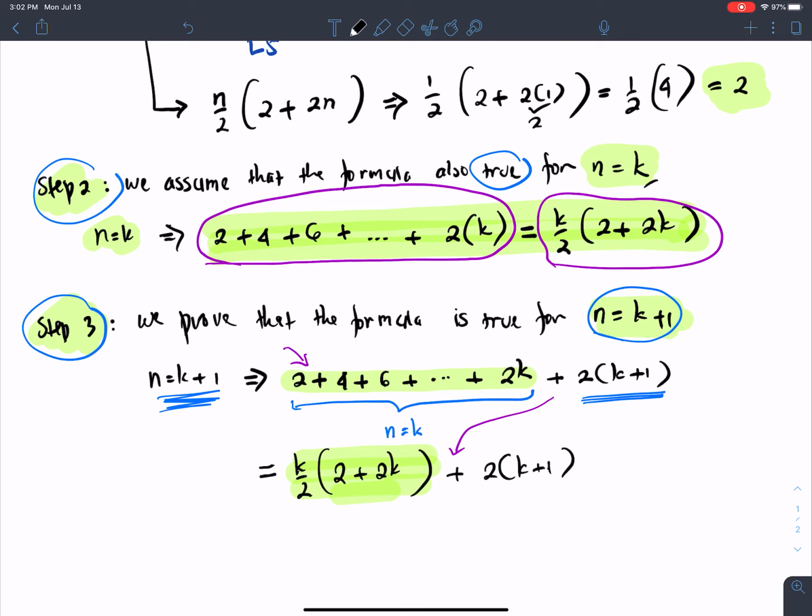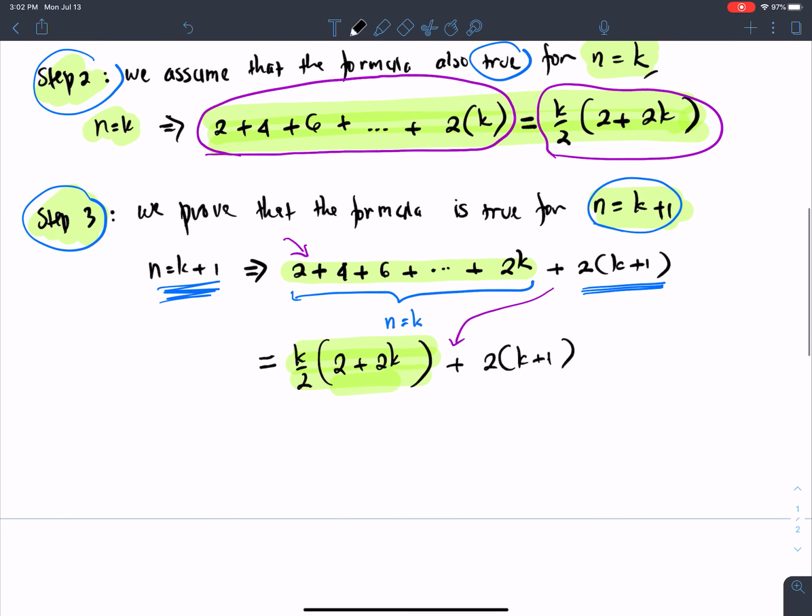Okay, so once we reach this point, the next step that we need to do is to simplify it, so all the k will have k plus 1 with it. What I'm trying to say is, let's see, we manipulate first. In the end, you will see that all k must have k plus 1. Okay, so I'm going to continue first.